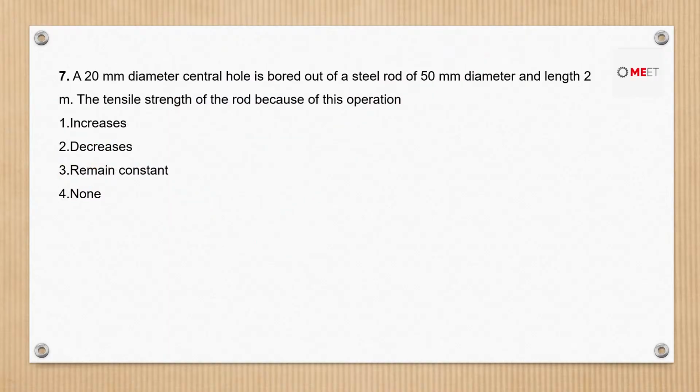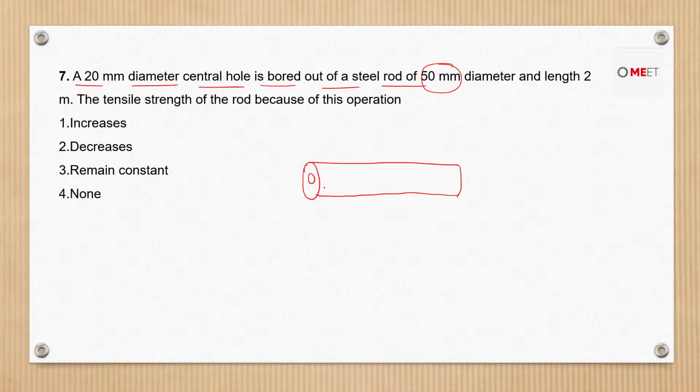Moving to the next question. A 20 mm diameter central hole is bored out of a steel rod whose diameter is 50 mm. So this is a cylindrical rod into which a hole is being cut, and the length of the rod is 2 meters.